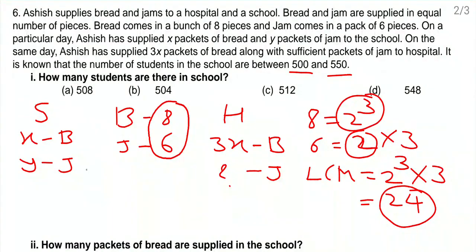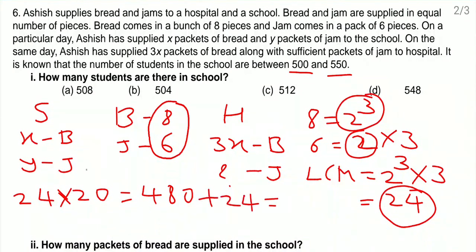Suppose I do 24 into 20. I get 480, so 480 students are not there. So I will add 24 to this, and I get 504. Yes, 504 is an option.